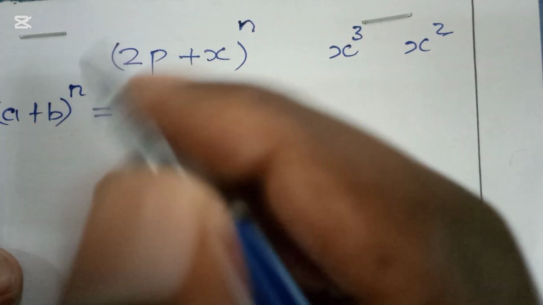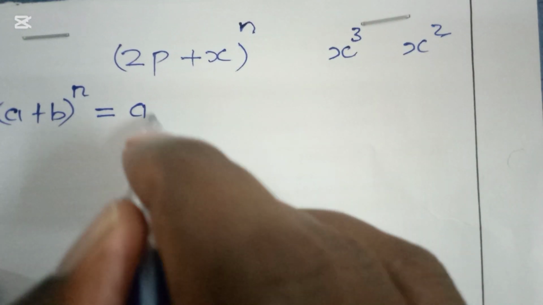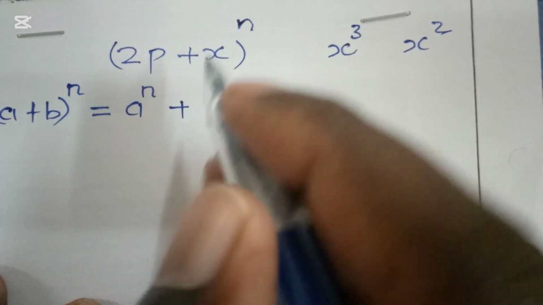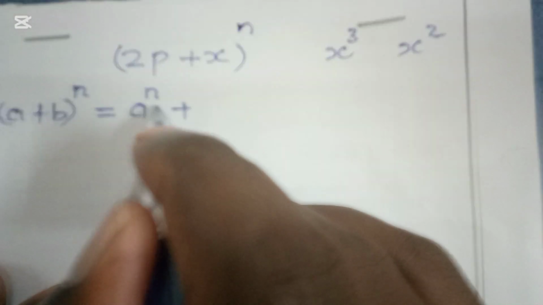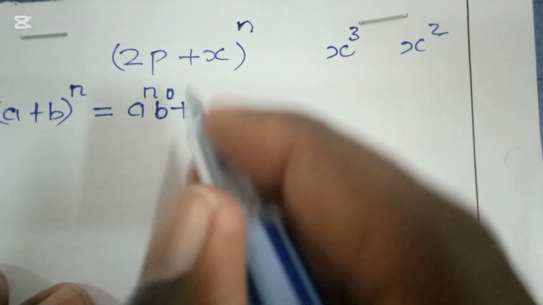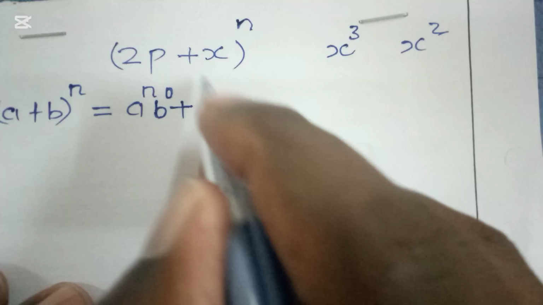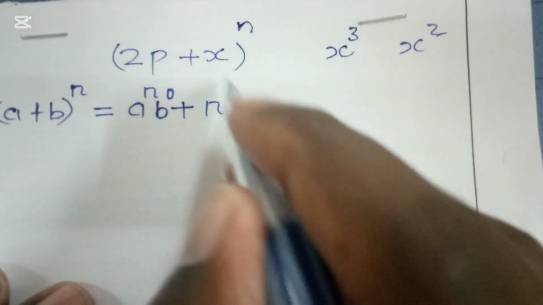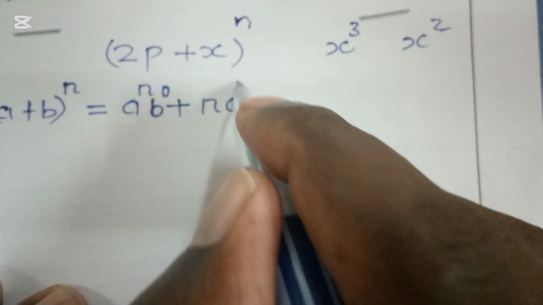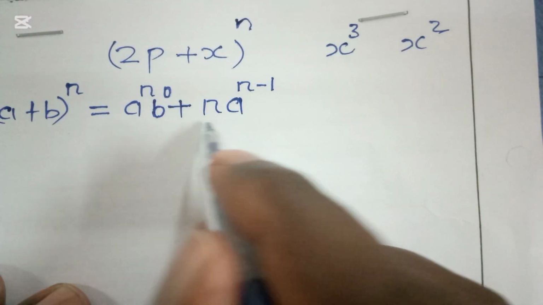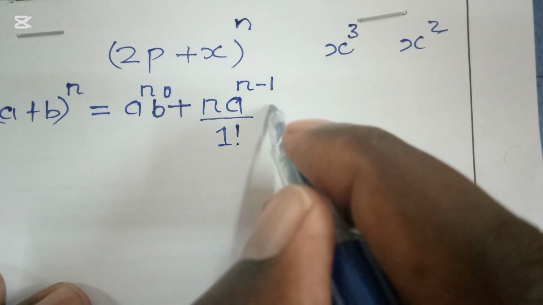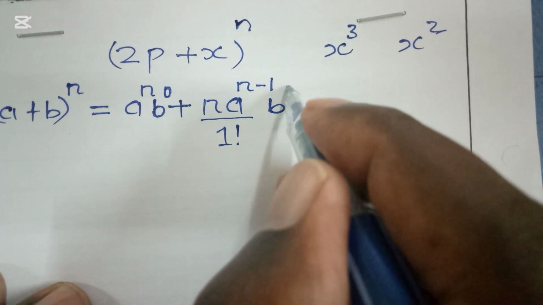This one gives us a raised to n, plus n a raised to n minus 1 all over 1 factorial, b raised to 1.